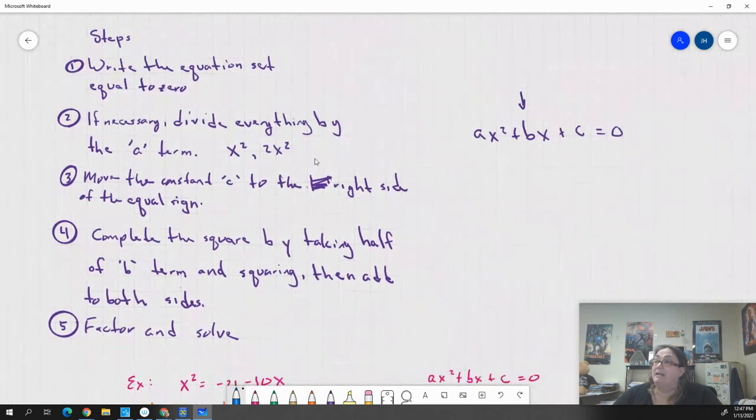Because if we set it equal to 0, it would have just been moving that 63 or whatever the number was over to the left. Then we would divide by a, but that's just dividing by 1, and everything would have been the same. And then we would have had to move that 63 or 65 or whatever that number was back. So literally, we've gotten through the first 3 steps without having done anything.